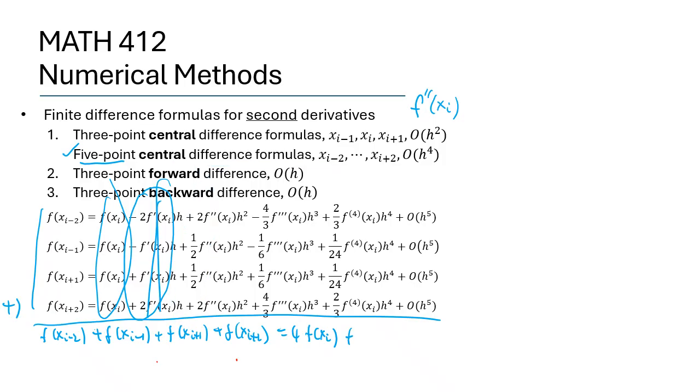That's 1, that's 4, that's 5, f double prime of x_i times h squared. This term cancels out. How about that term? This term will survive. It's big O of h to the fourth.